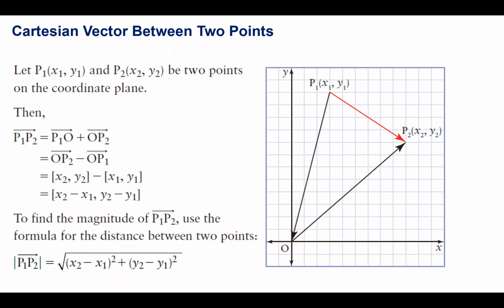Thus, we have the vector P1P2, from P1 pointing towards P2, equals vector P1O plus vector OP2, right? We have already learned this in previous lessons. Remember, we can find the resultant vector by using the triangle rule, right?